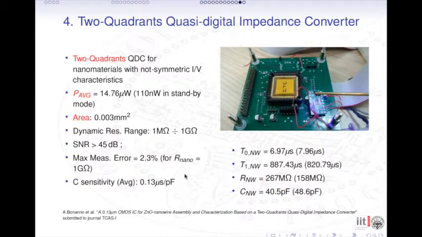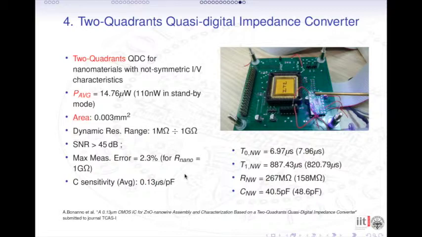So these experiments show that we are able to measure the variation of both resistance and capacitance of the nanomaterial. And this circuit is really promising because the power estimation shows that it consumes only about 15 microwatts during operation.